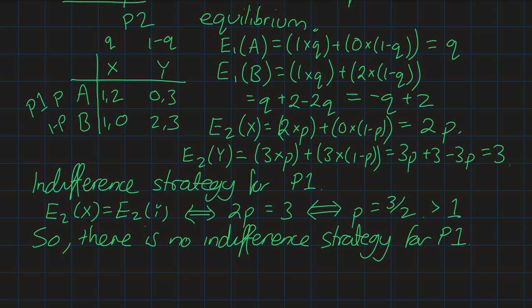Okay, and because a mixed Nash equilibrium is a pair of indifference strategies, and I know that player 1 doesn't have an indifference strategy, there's no point of me even attempting to work out an indifference strategy for player 2, because I know that there is no mixed Nash equilibrium.